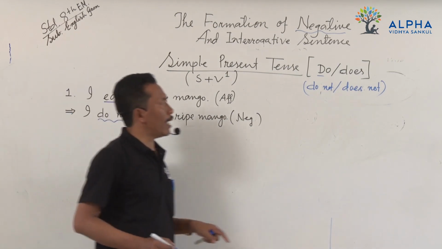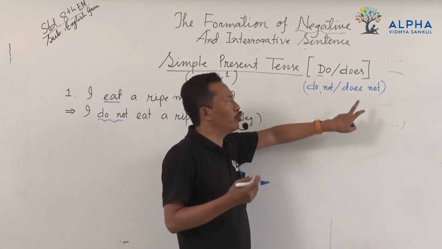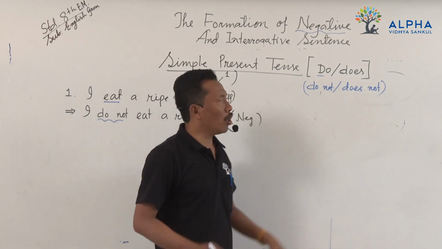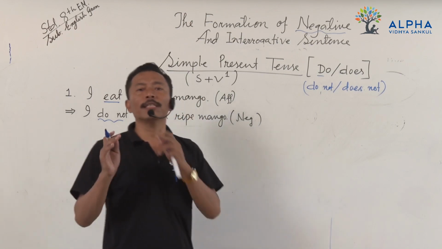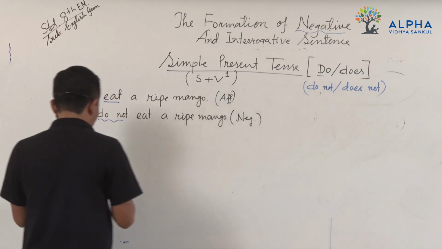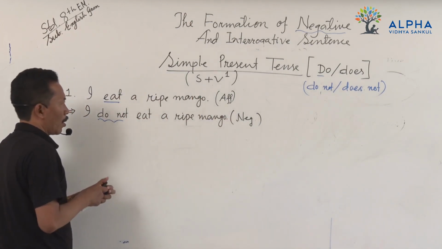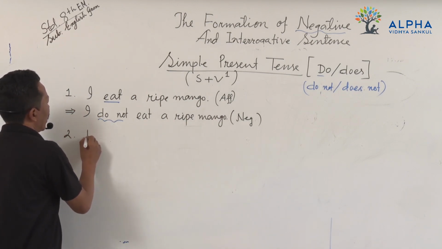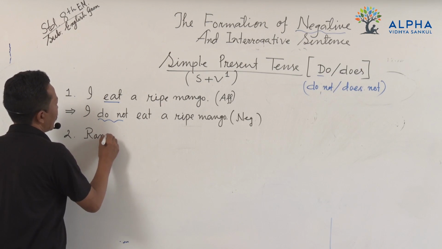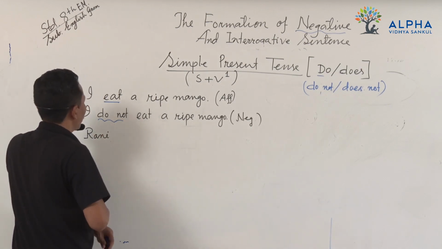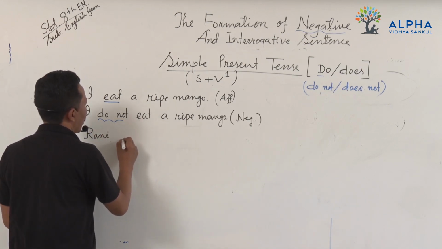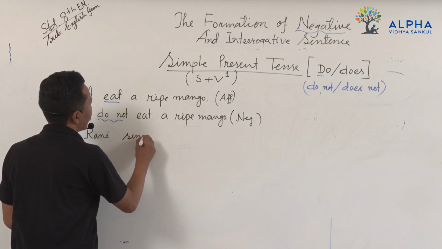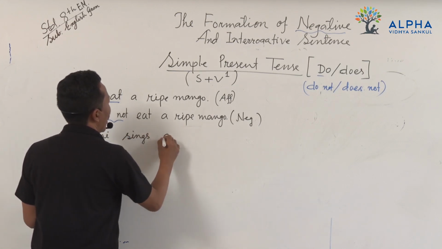Then you may ask, sir, why don't you use does not? Because does not is for the third person singular number. Now I'll give you an example here. When and where we have to use it: Rani sings a song.